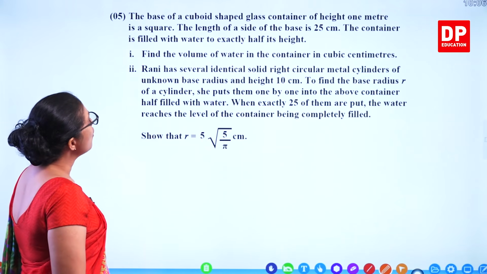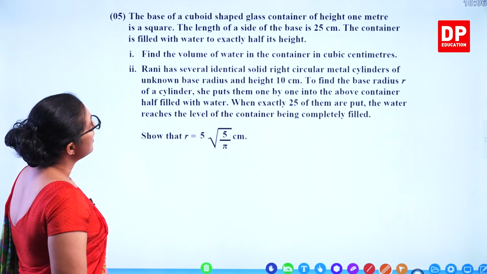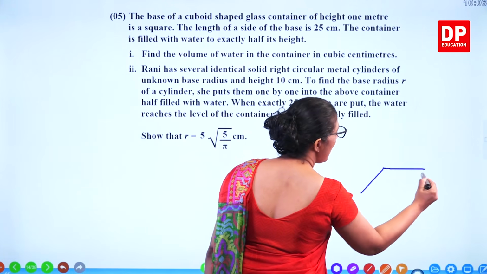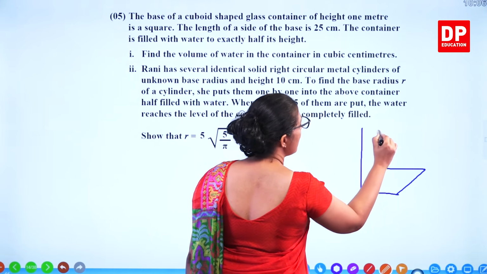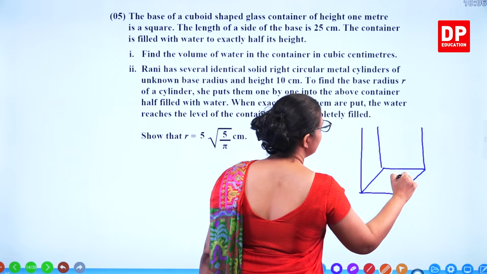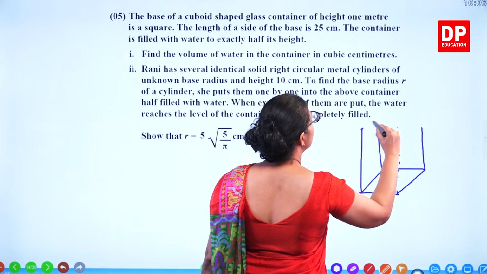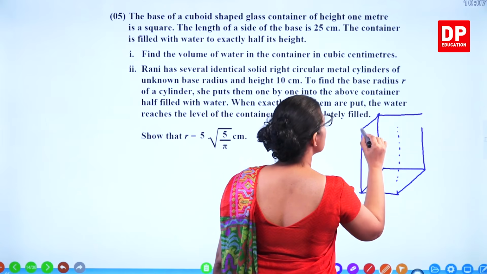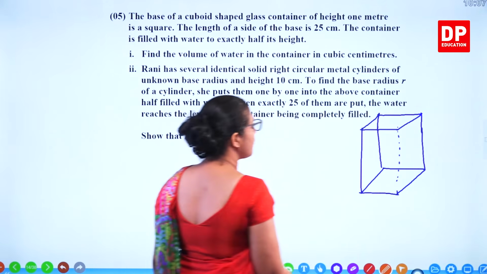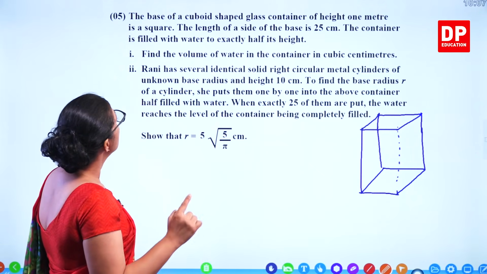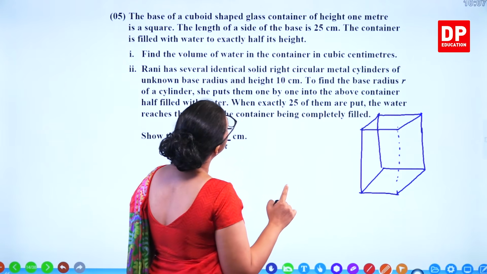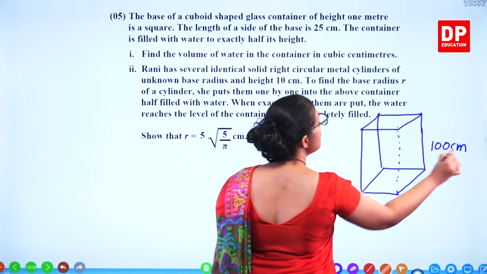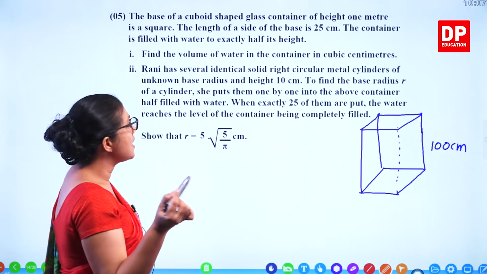The base of a cuboid shaped glass container of height 1 meter is a square. So that means you get a cuboid, something like this. Cuboid shaped glass container, height is 1 meter, I'll write in centimeters because the other lengths are given in centimeters.